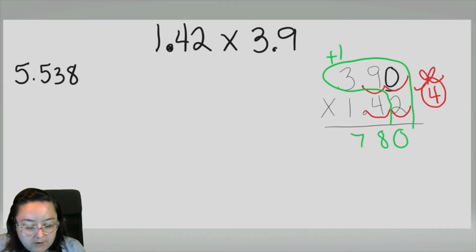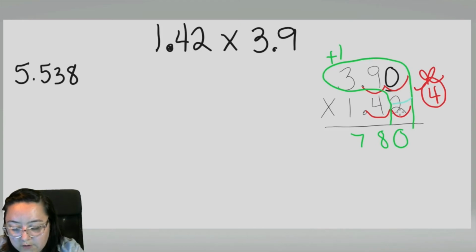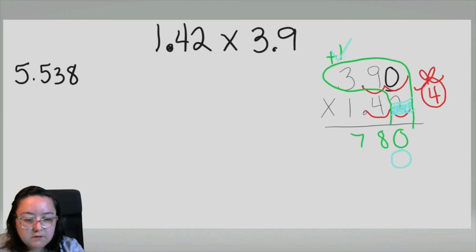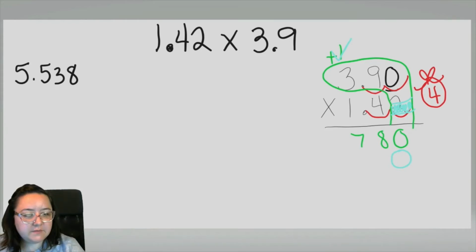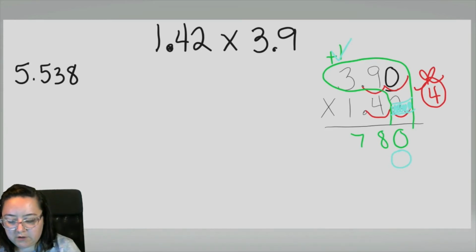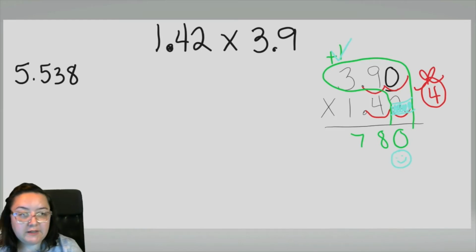So now our next step is to draw our collar, check off our number, we drew our collar, we checked off our number, and then we laid our turtle egg.